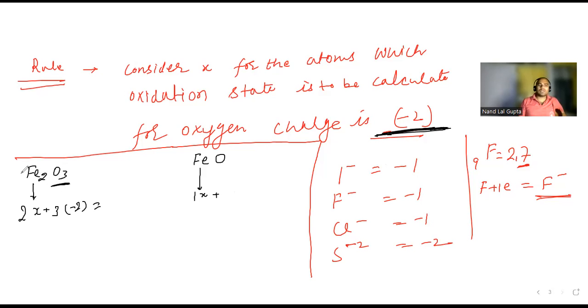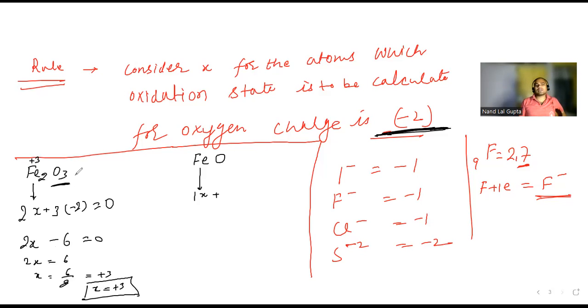There is no net charge, so it equals 0. So now solve this: 2x plus 3 times -2 equals 0. 2x is equal to 6. X is equal to 6 by 2, so it is going to be plus 3. Got it? X is equal to plus 3.